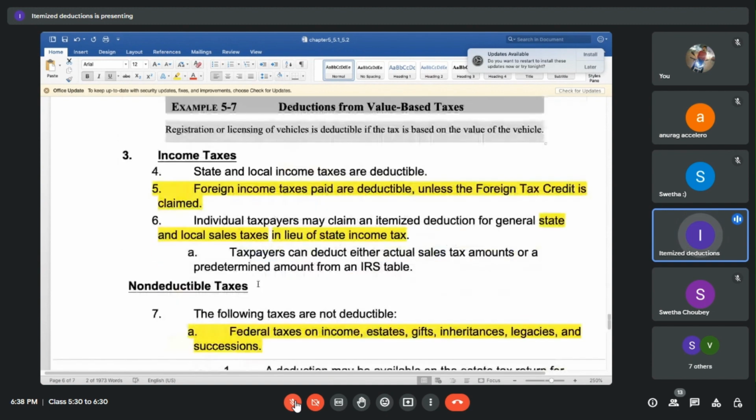Okay. Again, income taxes, state and local income taxes are deductible, but only to the extent of $10,000. Now, foreign income taxes are also deductible. Usually, we don't take them as deductible because they don't give much benefit. We will always go for foreign tax credit. That is what gives more benefit to our kind of clients.